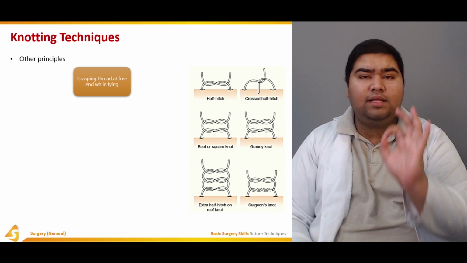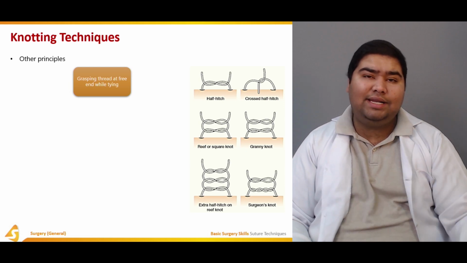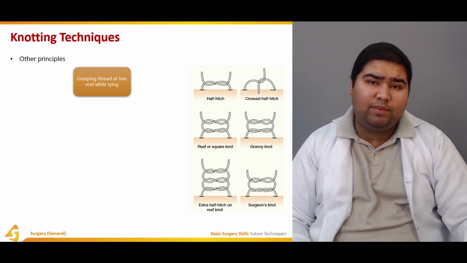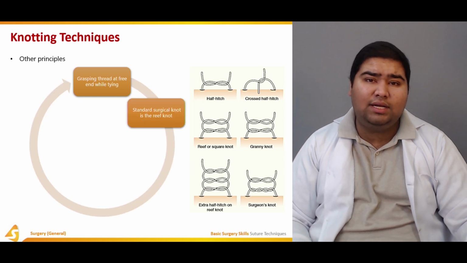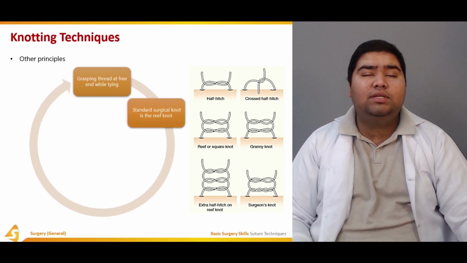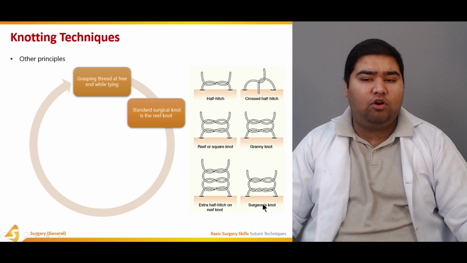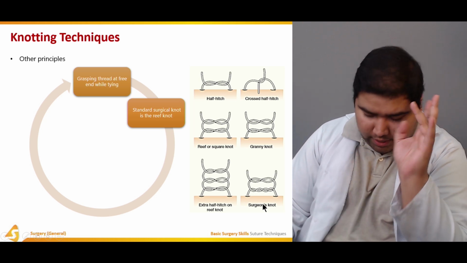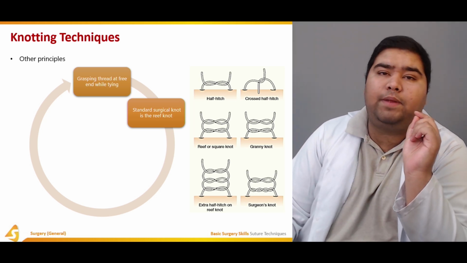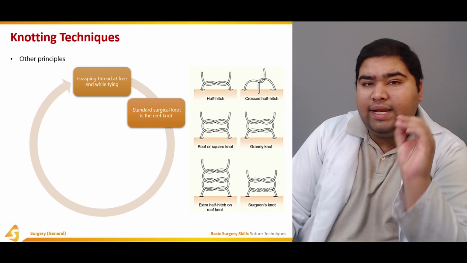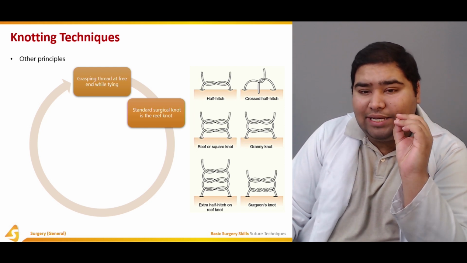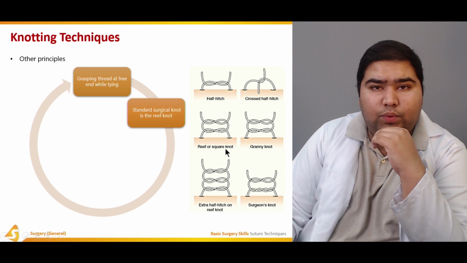So moving on, what are the other principles that you need to keep in mind? While tying, you should always grasp the thread at the free end, not the tying end. Now the standard surgical knot, here you can see, is the reef knot. When a surgeon is making a standard knot, this is the reef or the square knot.